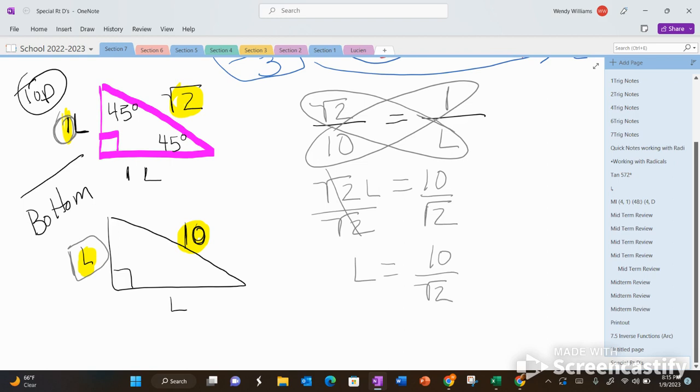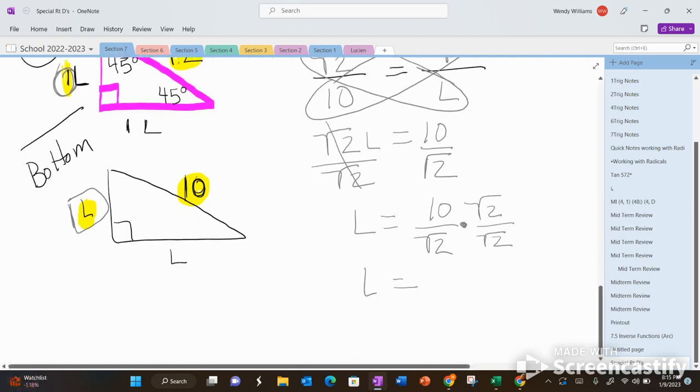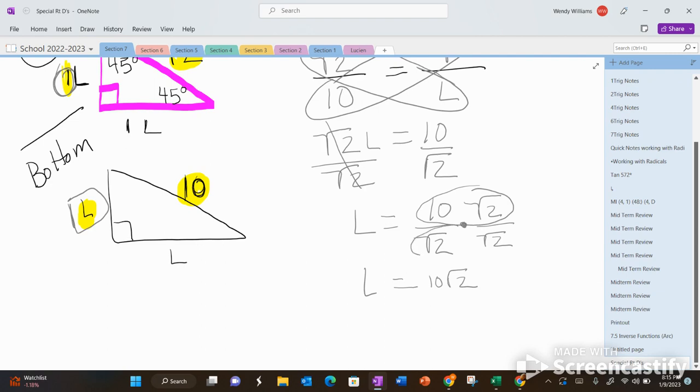Hey, we don't want 2 on the denominator, so we multiply by a special number 1. The leg equals 10 times the square root of 2 is 10 square roots of 2. Square root of 2 times the square root of 2. For every 2, we take out 1.